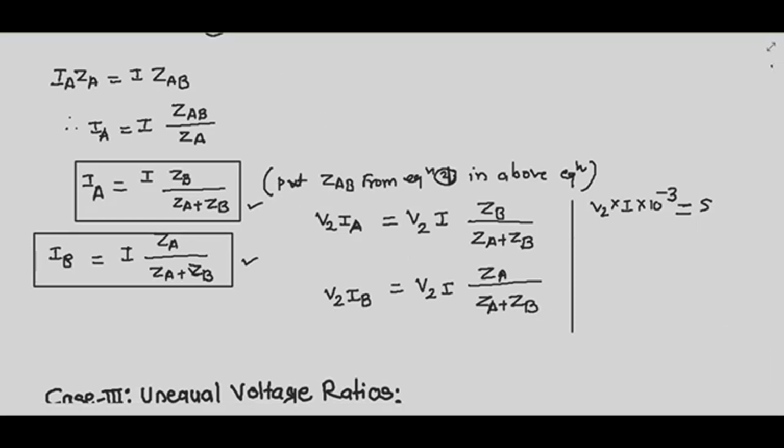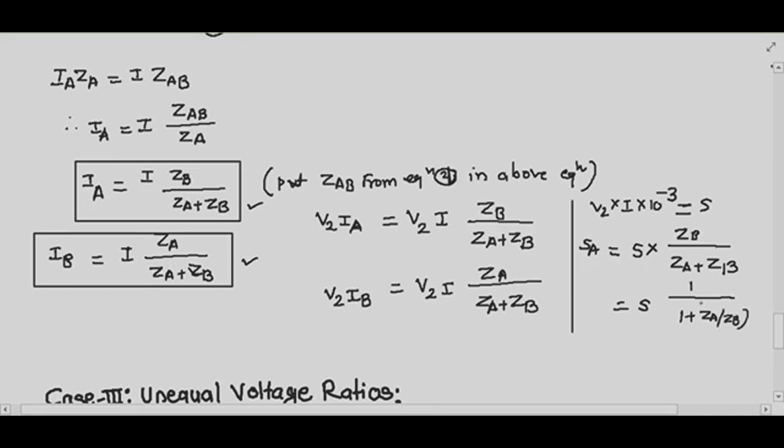Hence, I can write SA, that is the KVA rating of the first transformer, from this equation. This is nothing but S into ZB upon ZA plus ZB, right? Or I can write this as S into 1 upon 1 plus ZA by ZB, if I divide this by ZA.